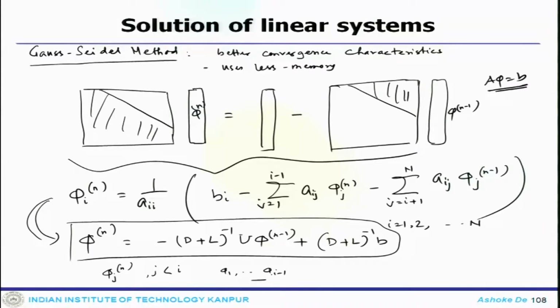So, this approach also saves a lot of memory, that is why it is less computationally expensive, but other criteria like the spectral radius of this iterative matrix must be satisfied, that it is less than 1.